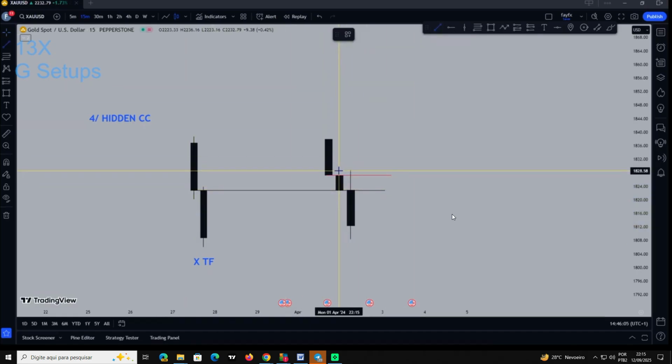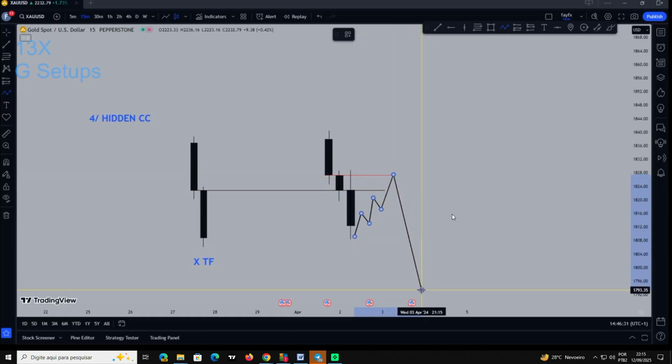That's what we call hidden CC. So price will come up, ignore that level and go to touch the CC and continue the move down.